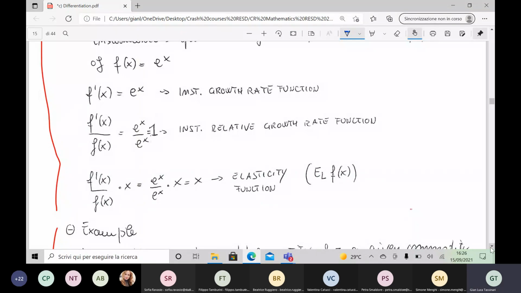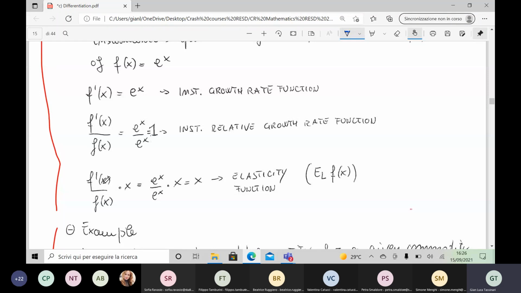Which is the elasticity function? Remember, the elasticity, which I introduced this morning, is f prime of x0 divided by f of x0 times x0, evaluated at the point x0. In this case, since I asked for the function, you don't have to insert a particular value of x0.